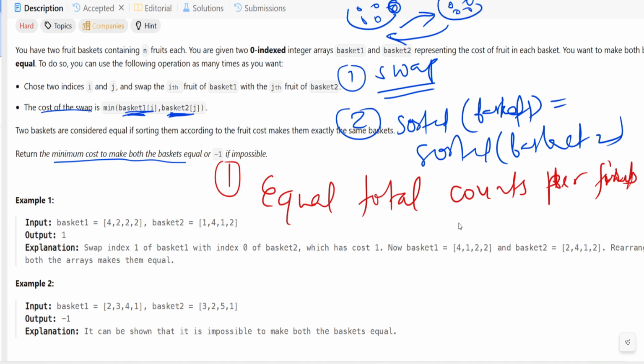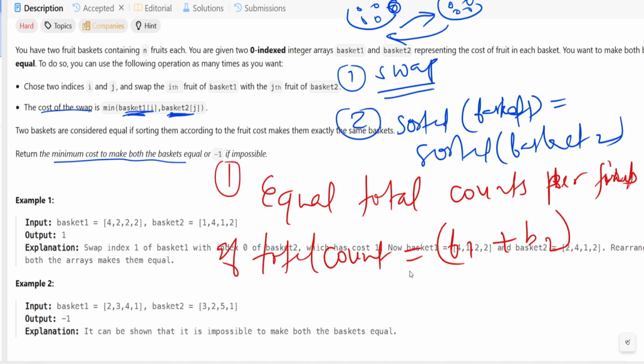If we take the total count per fruit, and the total count of any fruit in basket 1, b1, and basket 2, b2, is odd, is it possible?